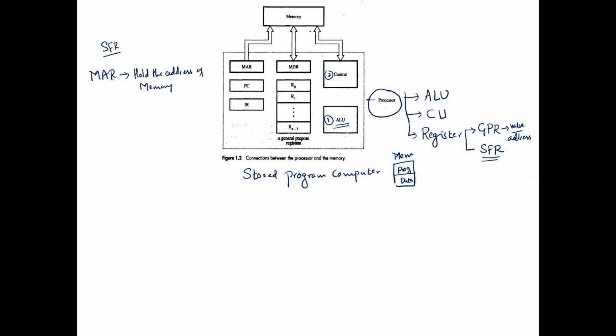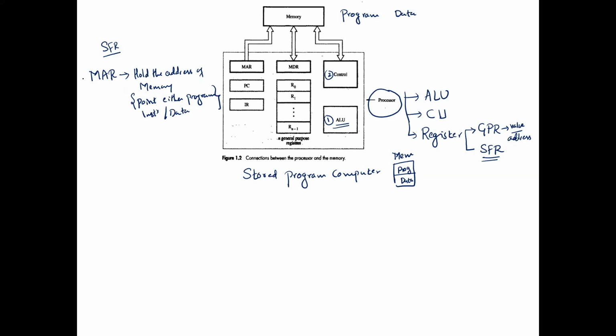Remember that it is a stored program computer. In this memory, we have both program as well as data, right? So when MAR holds the address of memory, it can point to either a program instruction or a value, that is data, from the memory.